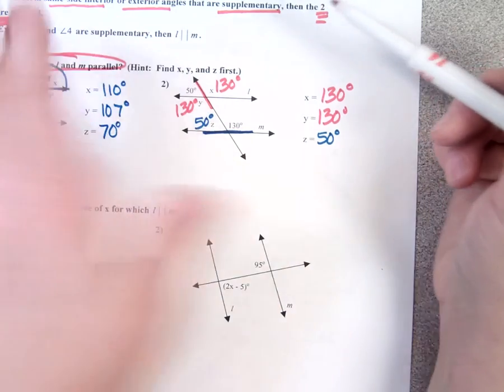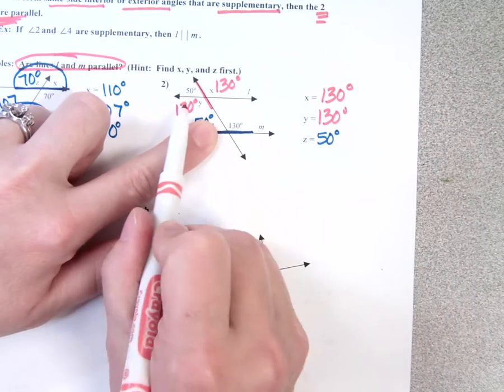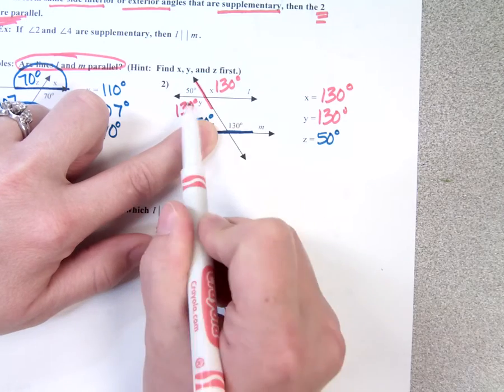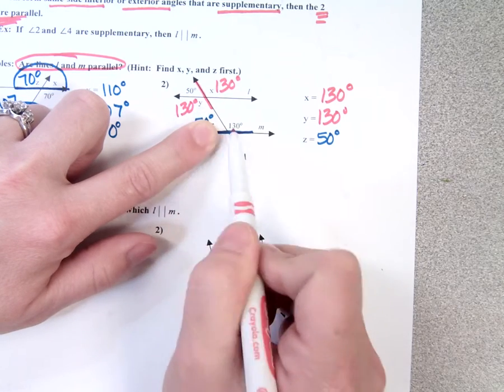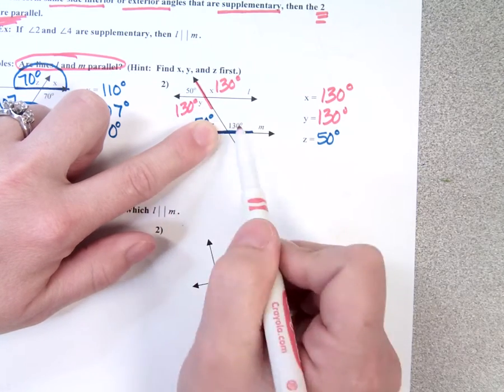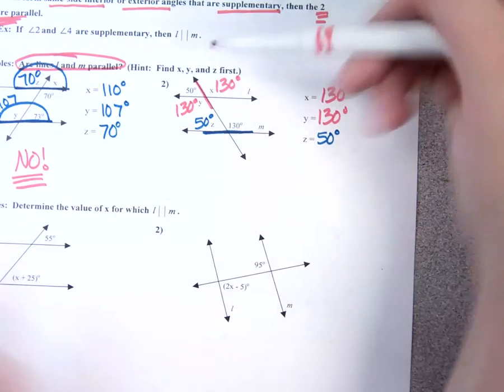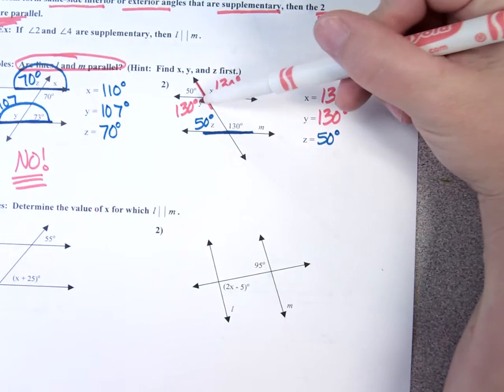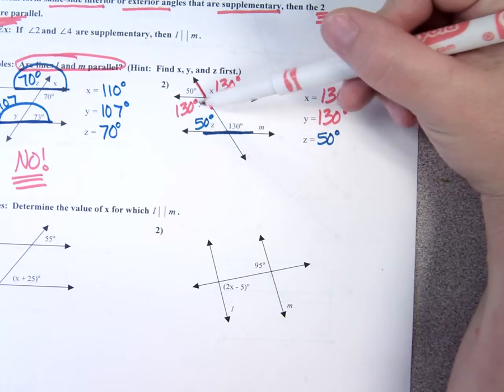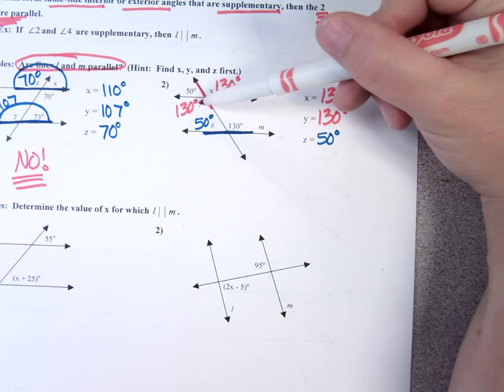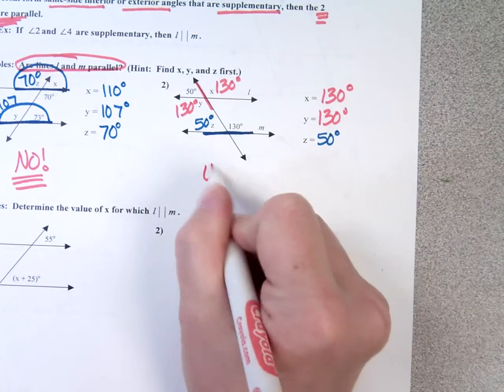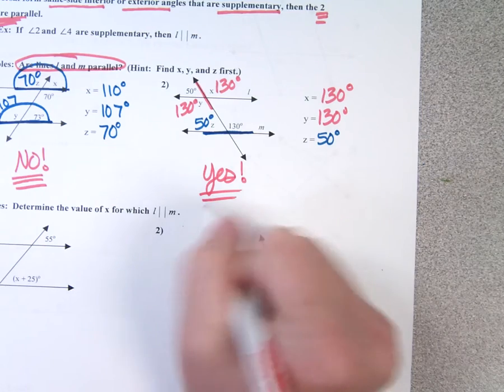Yep, so I'm good there. What kind of angles are the Y and the 130? Alternate interior. Are those congruent? Yep, so I'm good there. What kind of angles are the Y and Z? Same side interior. Are those supplementary? Yep, so that means yes, these lines are parallel.